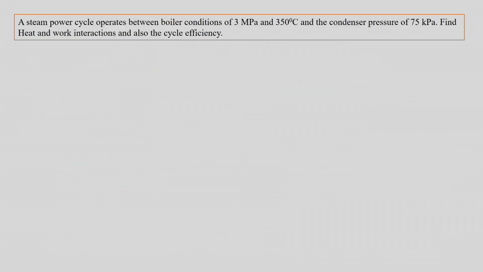We will move ahead to the next example, which states that a steam power cycle operates between boiler conditions of 3 megapascal and 350 degrees Celsius and condenser condition of 75 kilopascal. Find heat and work interactions and also cycle efficiency. So this example for practice is almost similar. We are given the boiler condition as 3 megapascal.